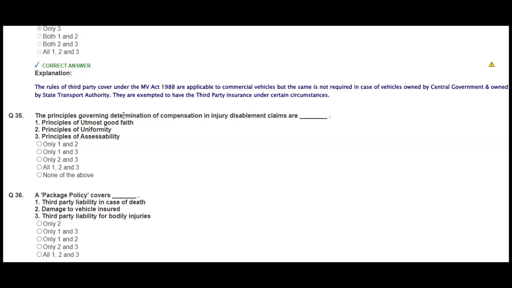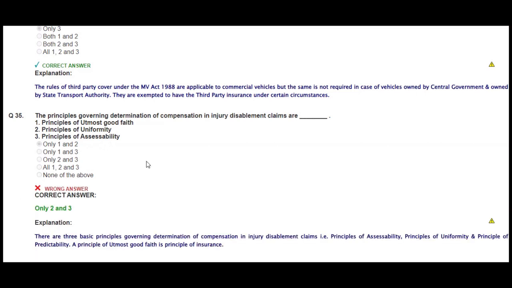The principles governing determination of compensation in injury disablement claims are: principle of utmost good faith, principle of uniformity, principle of accessibility. I think it is only 1 or 2.